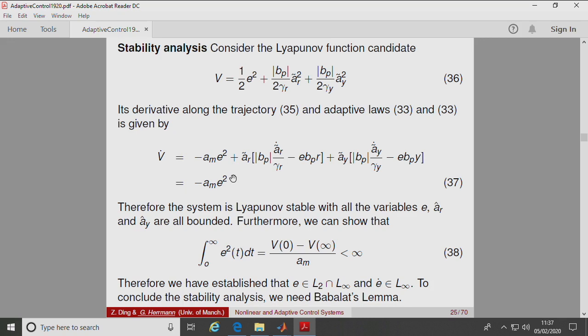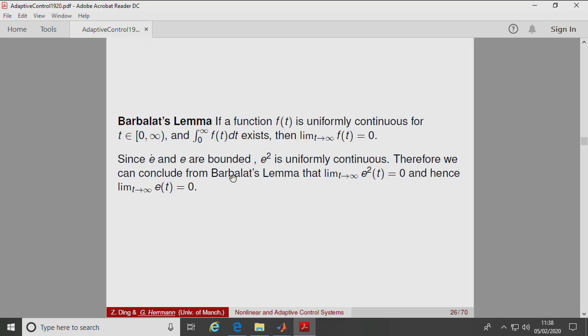What do we want the function to be? Yeah, negative definite, isn't it? Yes, okay. But it's not negative definite, it's negative semi-definite. That's the dilemma. And in this case, we are lucky, we can apply Barbalat's lemma. That's what it is. We can apply this, and we know that E converges to 0.